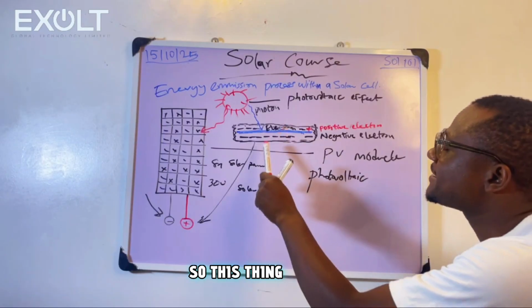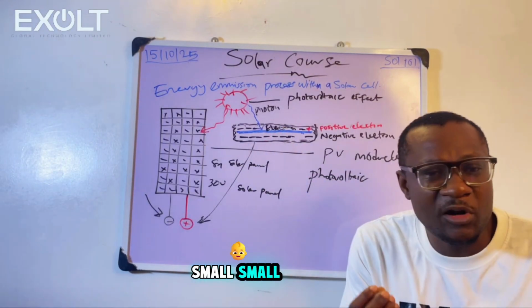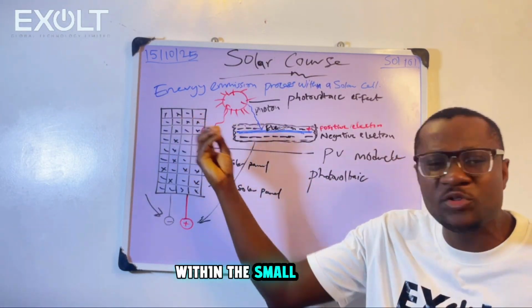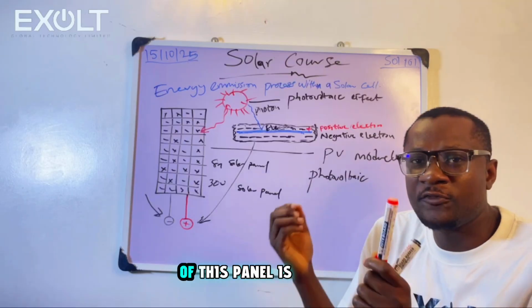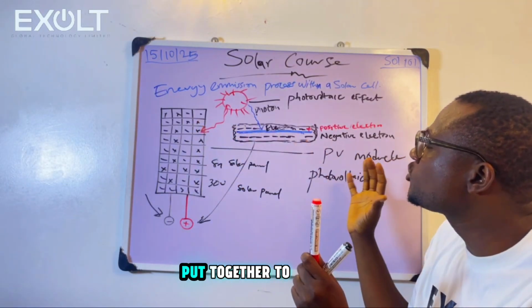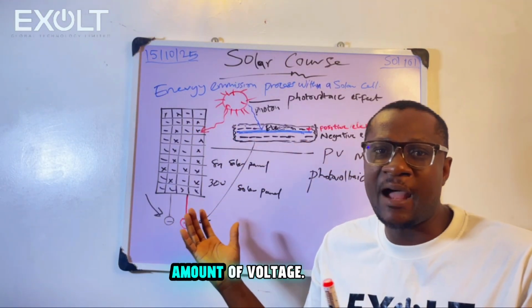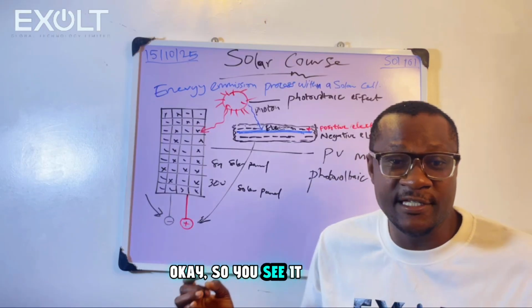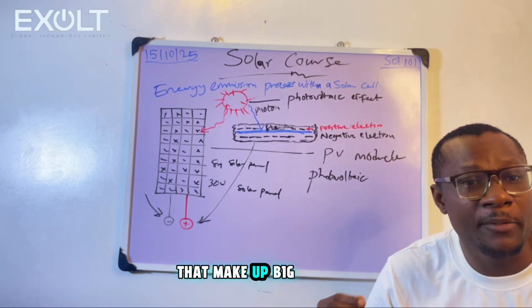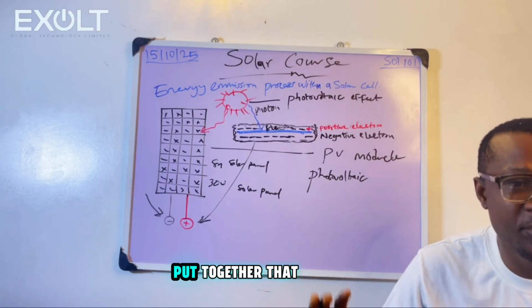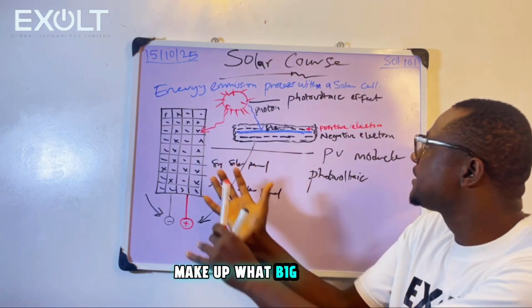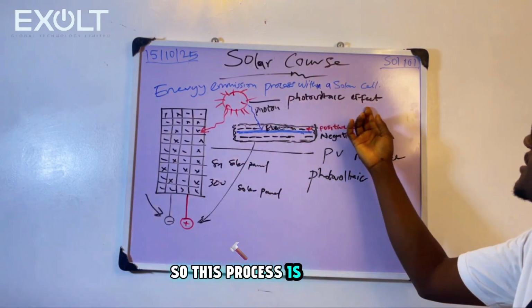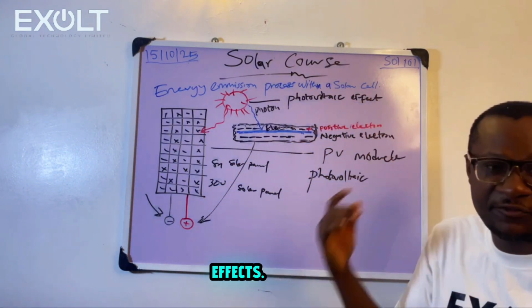So the small activity within the small unit cell of this panel is put together to have a particular amount of voltage. It is small things that make up big things. This process is called the photovoltaic effect.